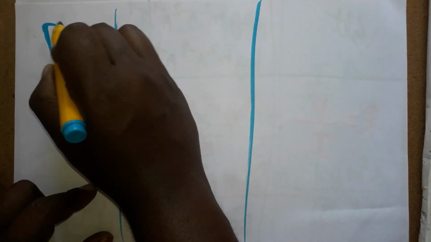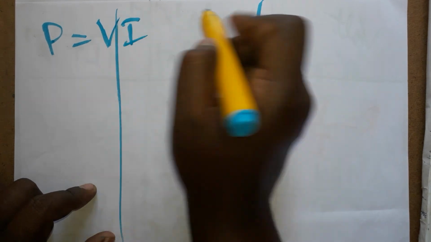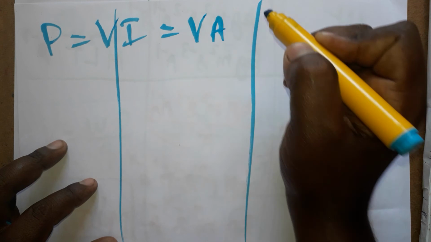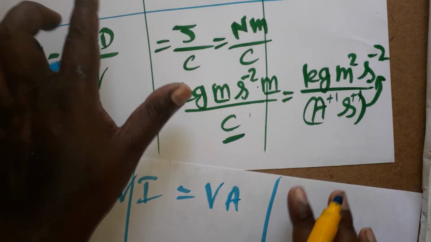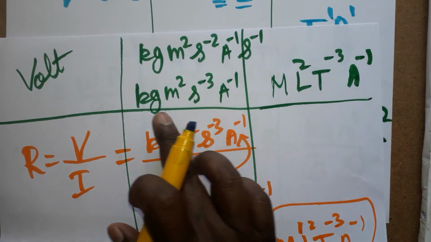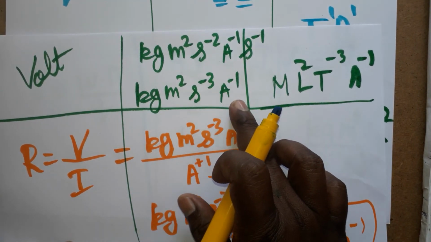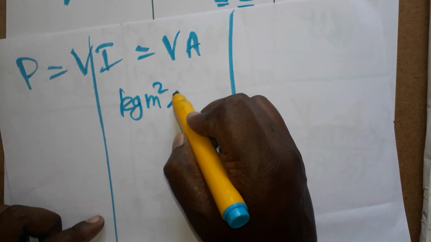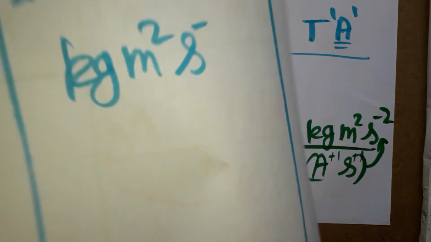Electric power. Power is equal to VI, voltage into current. So the product of voltage into current, volt into ampere. Already we found the volt dimensional formula: the SI unit is kg meter square second minus 3 ampere inverse.